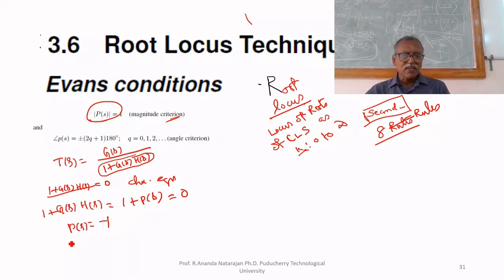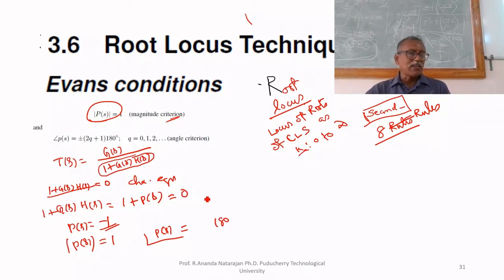Or we can say that modulus of P of s equal to 1 and angle of P of s. So we can separate this minus 1 into two parts: one is magnitude, another one is angle. Minus 1 means 180 degree. Therefore, angle of P of s equal to 180 degree.